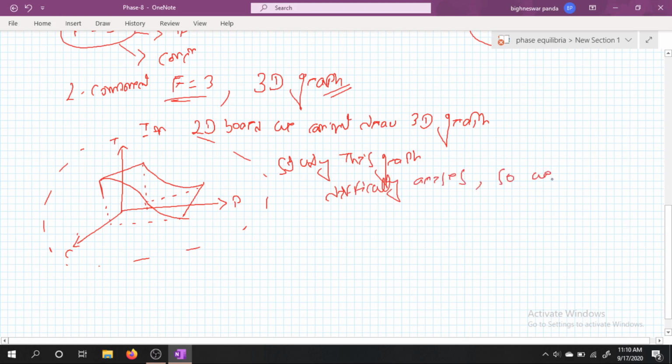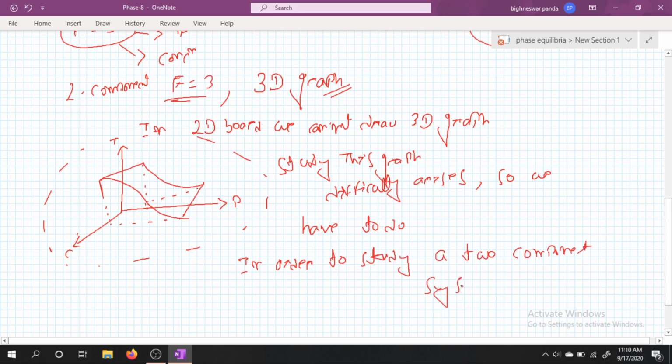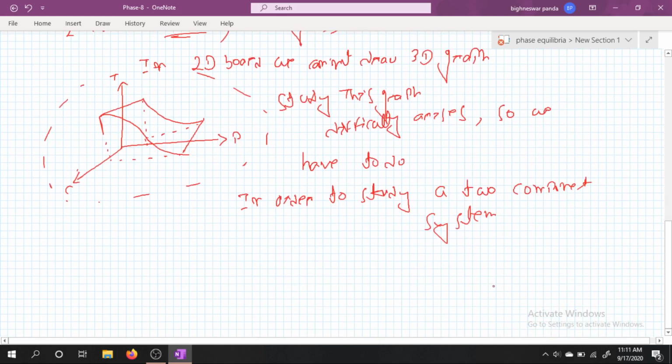So what do we have to do in order to study a two component system? In order to study a two component system, we have to consider pressure as constant.